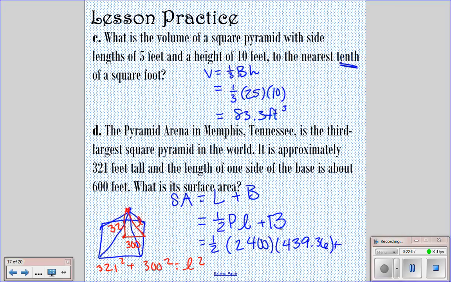And then for the area of the base, you're going to do 600 times 600. So I'm just going to write 600 squared. And so now we're going to add those two numbers together.